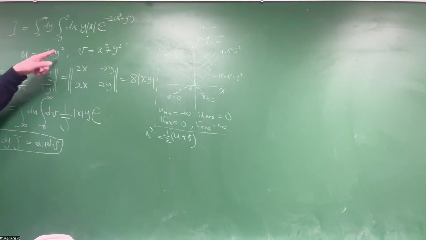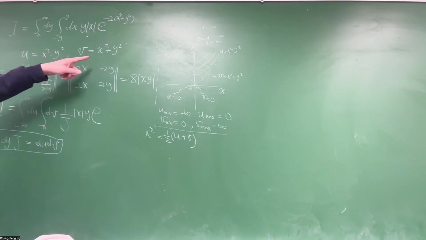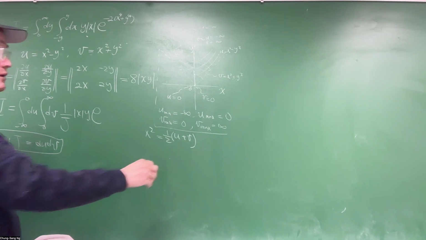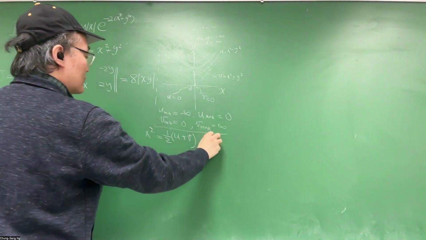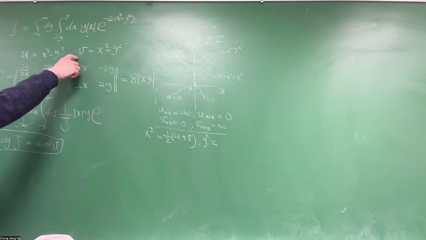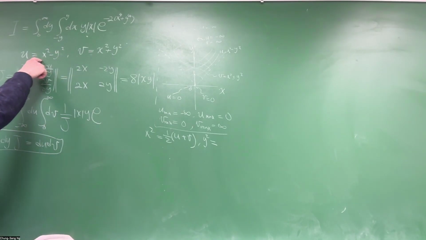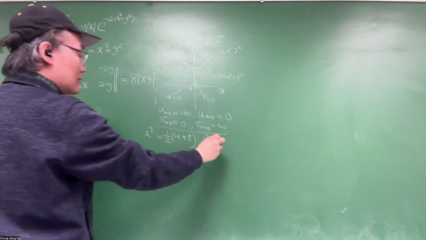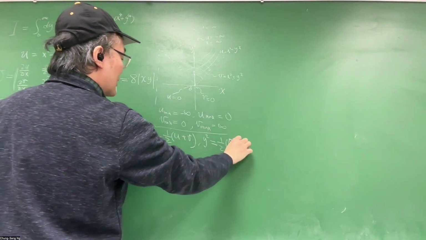You add the two, you get rid of y squared, and add x squared plus x squared, so divided by 2 it will be x squared. The y squared would be the other way around, so it's v minus u, which gets rid of the x and gives you minus 2 y squared, v minus u.